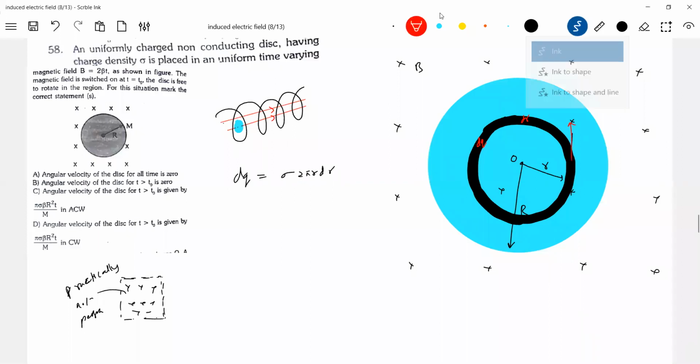The induced electric field everywhere will be tangential. Not at one point; you can show it at almost all points. Now, this elemental ring has a charge dq. It will experience a force. So shall I say it will experience a torque now?